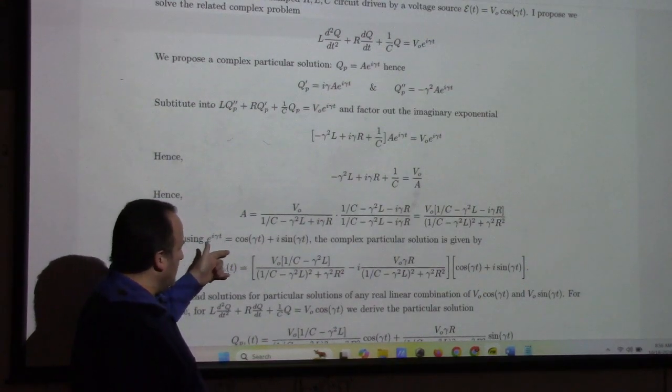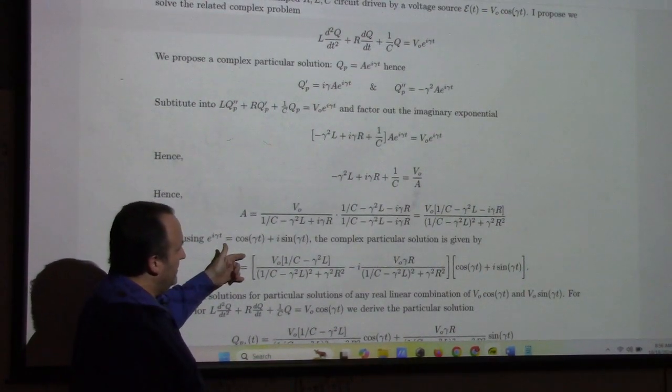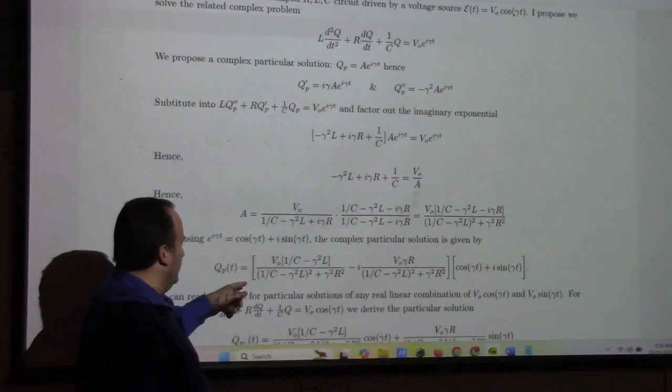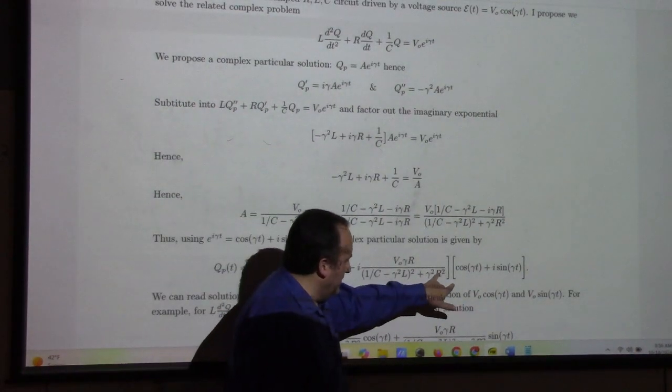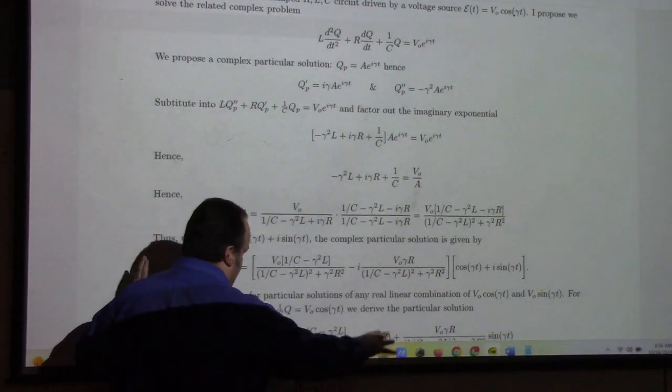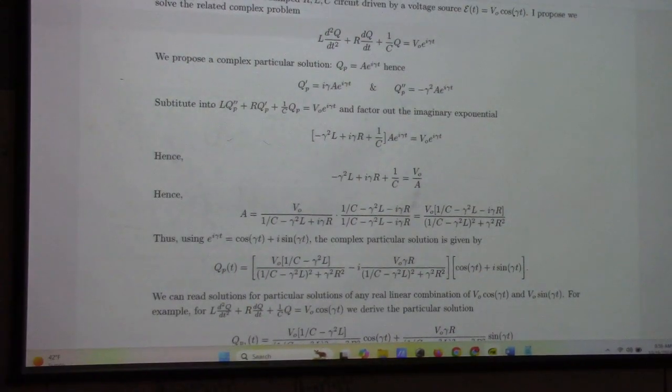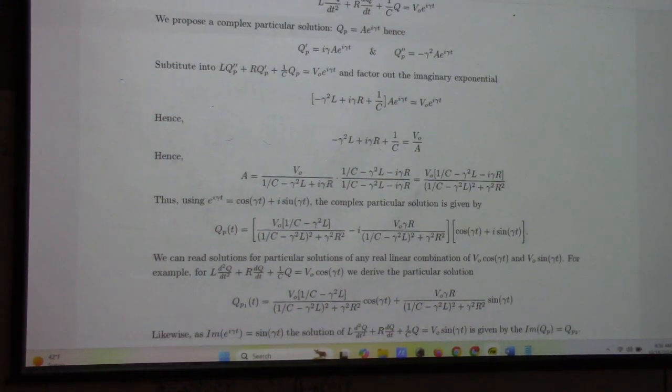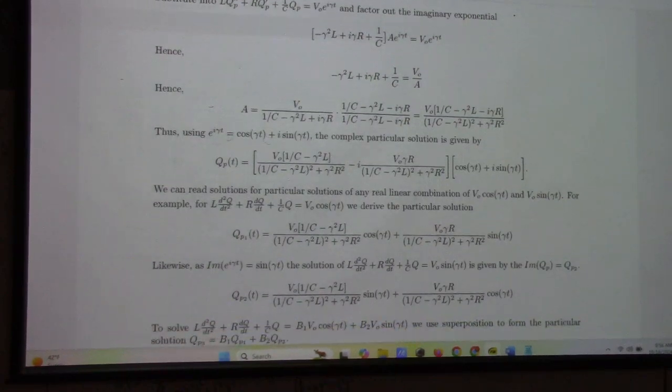So let's see here. This is my A. This is the amplitude that I found, and that's e to the i gamma t. And then the real part of this is the solution to the problem, because of the way real and imaginary parts behave.